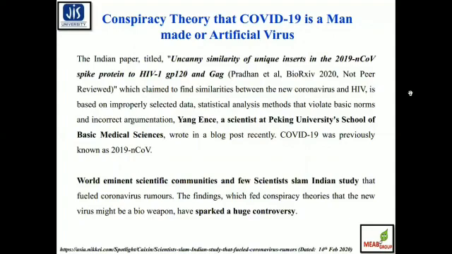Similarly, another scientist, Yuan, at the Peking University School of Basic Medical Sciences, wrote in a blog post recently, and COVID-19 was previously known as 2019-nCoV. The world-eminent scientific communities and a few scientists slammed the Indian study that fueled the coronavirus rumors. The finding, which led to the conspiracy theory that the new virus might be a bioweapon, sparked a huge controversy.